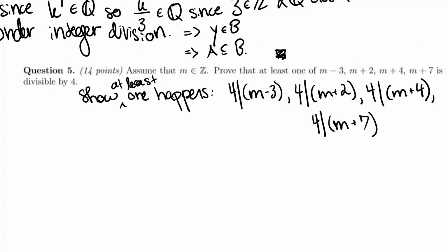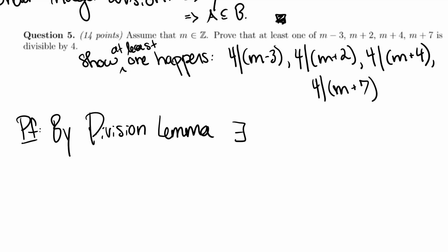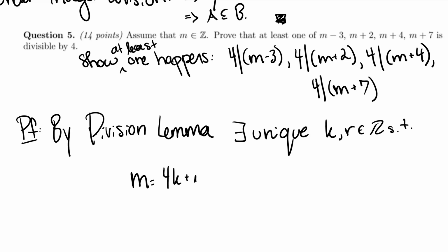All right, so let's see. Proof. What am I probably going to use? Well, I'm probably going to use the division lemma. So by the division lemma, there exists a unique k and r in the integers such that m equals 4k plus r.